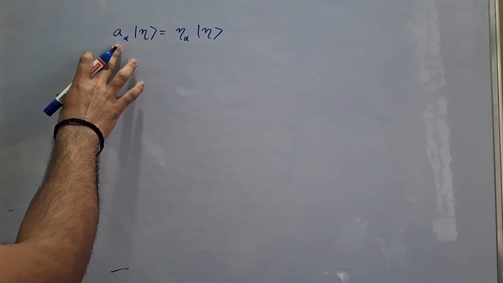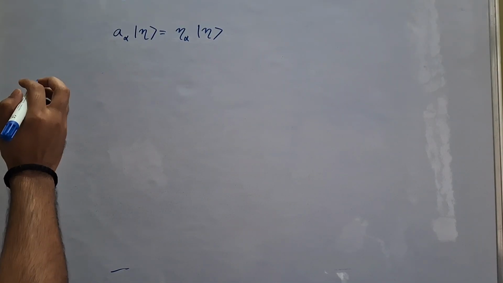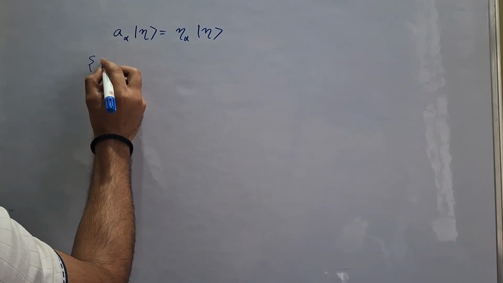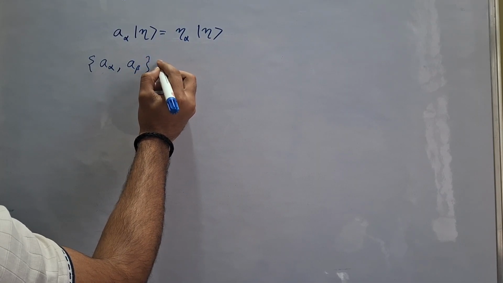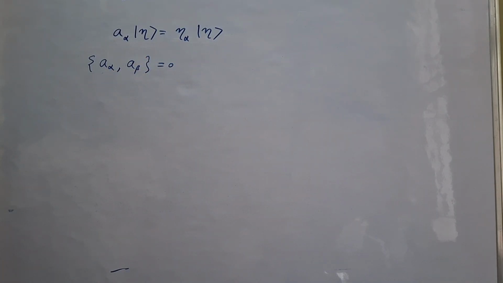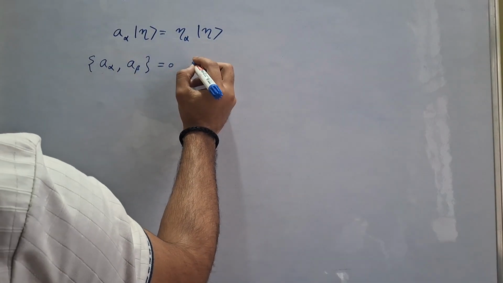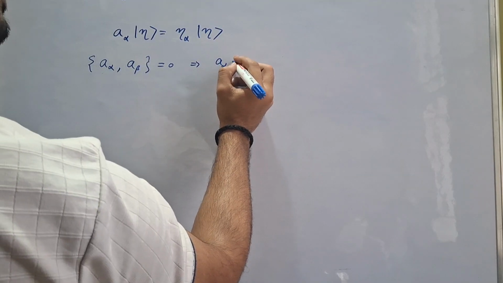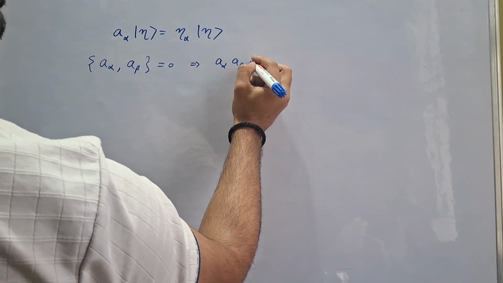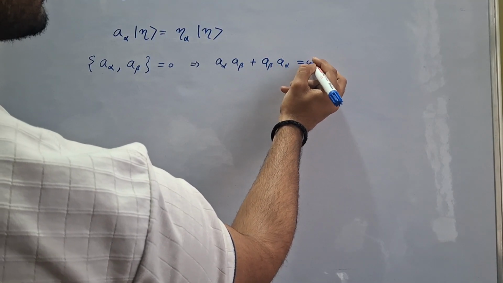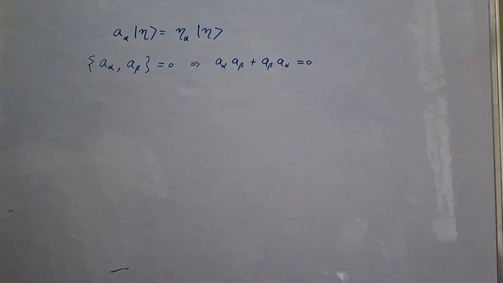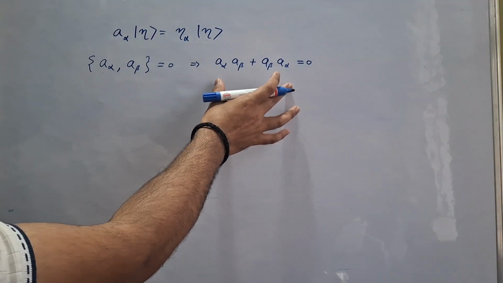Now this operator follows an algebra like this, which is A alpha and A beta anti-commutation is 0, and this anti-commutation means that A alpha A beta plus A beta A alpha is 0. Now operators can be thought of as matrices, so this is not as shocking.